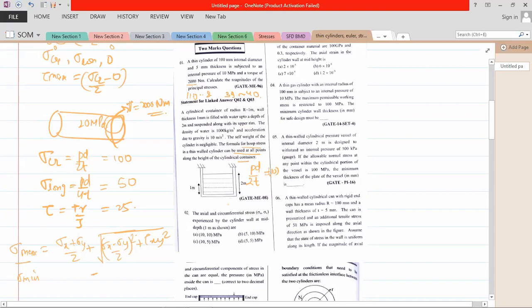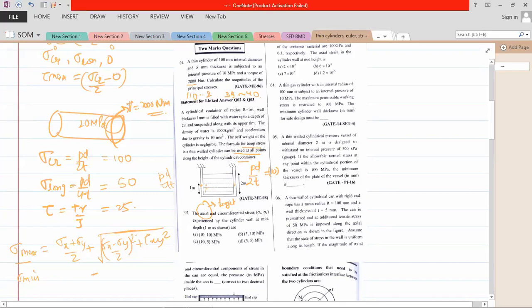Now you have to find the axial, or longitudinal, stress. Longitudinal is changing. First of all, one longitudinal component is PD by 4T, but another, because of the weight of the water at 1 meter, is above the body; below the body has a weight. That will try to pressurize the vessel again, and because of the weight of the water, this is resisting.